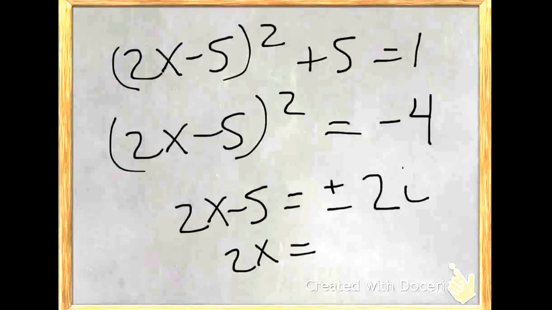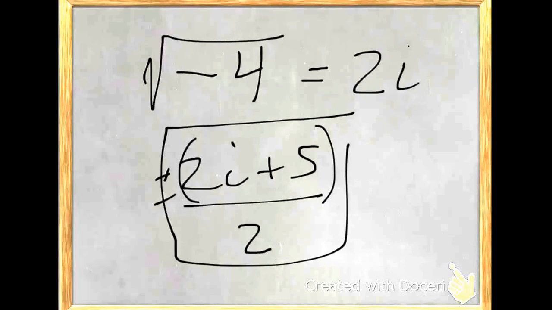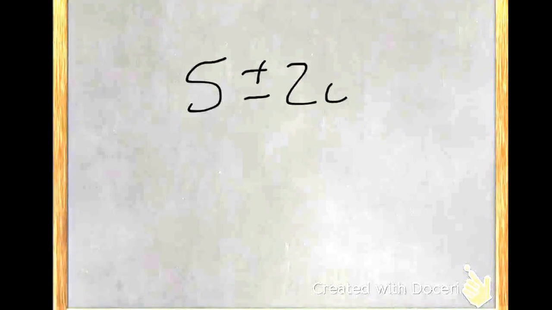Then I probably should have done my plus or minus to begin with on the other side, because I think I made that little mistake. Because it's just the 2i that's plus or minus, and I put parentheses around it. Let me fix that. We get the same answer. Plus or minus 2i plus 5 equals 2. And how that's usually seen would be 5 plus or minus 2i all over 2.